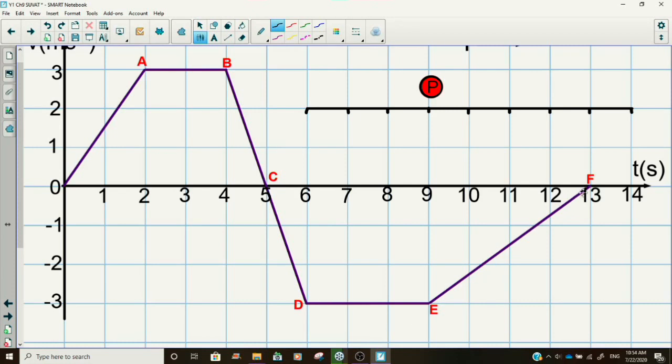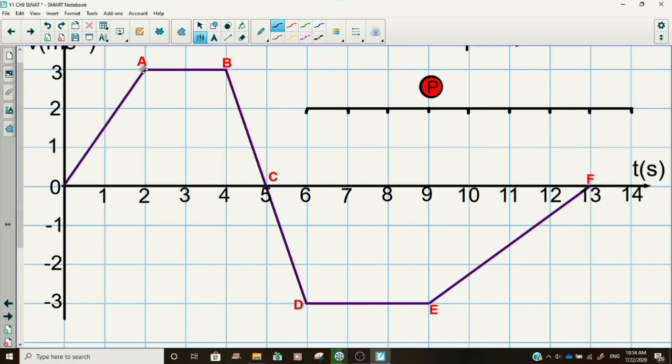From C to F, they travel in the opposite direction, so heading back toward the starting point. Now, at point F, they may still be some way from the starting point. It doesn't necessarily mean that they're back at the origin again. So we would need to be able to work out the distance travelled in order to determine where they are at point F. So, key points from this graph.